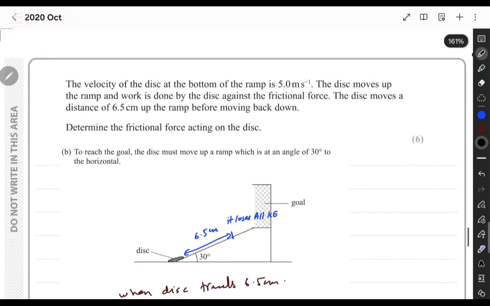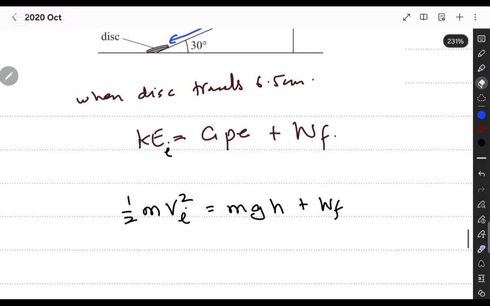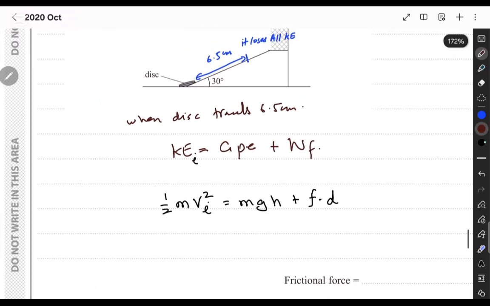What do we want to find out? We want to find the frictional force. The work done against the frictional force is the frictional force itself times the distance traveled. And then we have to find this F here.